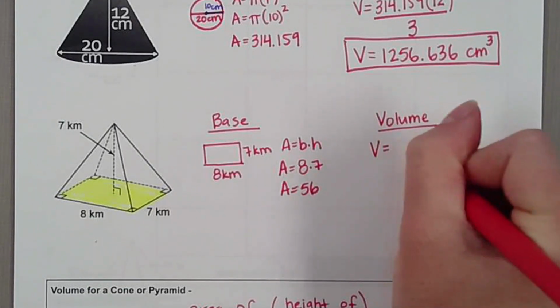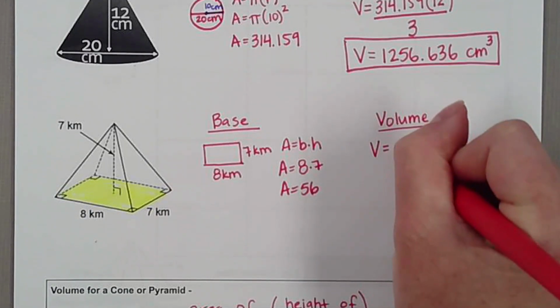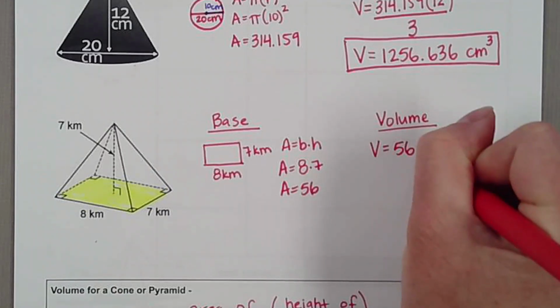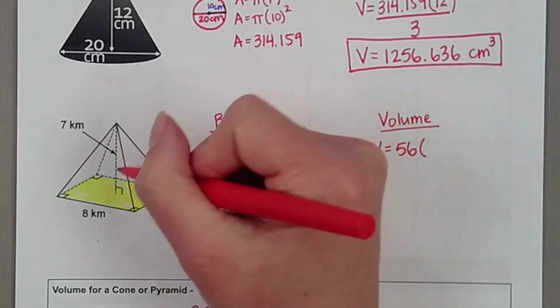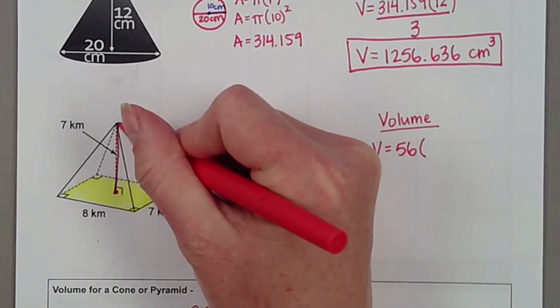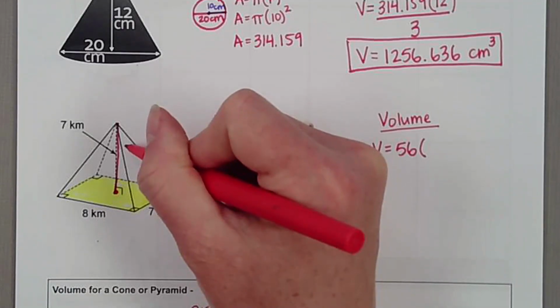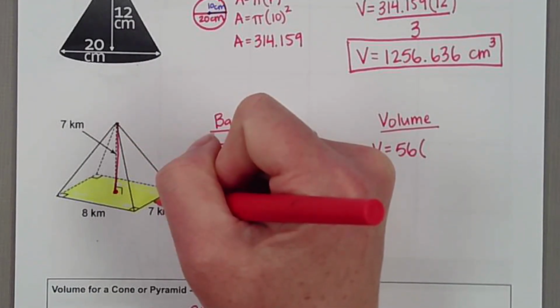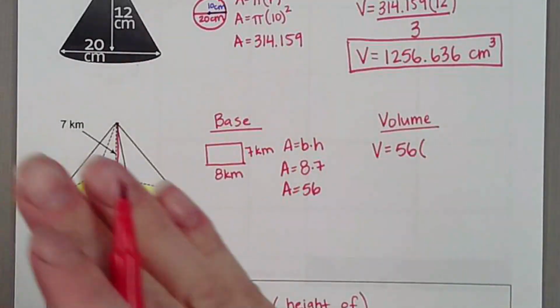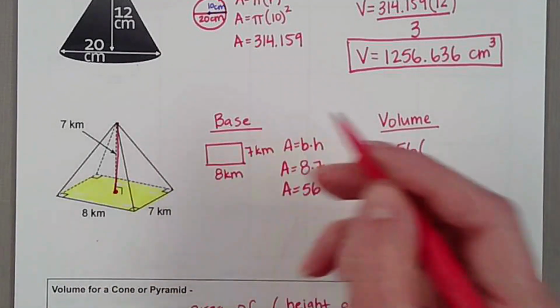Volume is capital V. I have to do the area of the base, I just found it, times the height of the pyramid. Looking at my pyramid, I do want to make sure that my height is going straight from the middle and going straight up to the top. Sometimes you're going to see a height that goes this way, and that's not going to be how tall it is, because think about when you go to the doctor, right? We don't measure your height at a slant. We measure your height straight up and down.